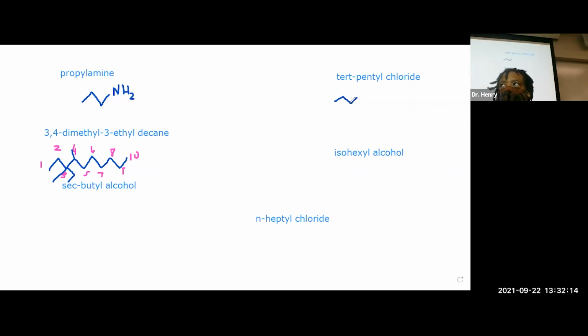On that third carbon, we'd have one that's going down, 1, 2, 3. So that's 1, 2, 3, 4. And then we have a carbon and a Cl. Okay. We'll go back over that, so we'll give us a little clarity. Sorry. So the third carbon.